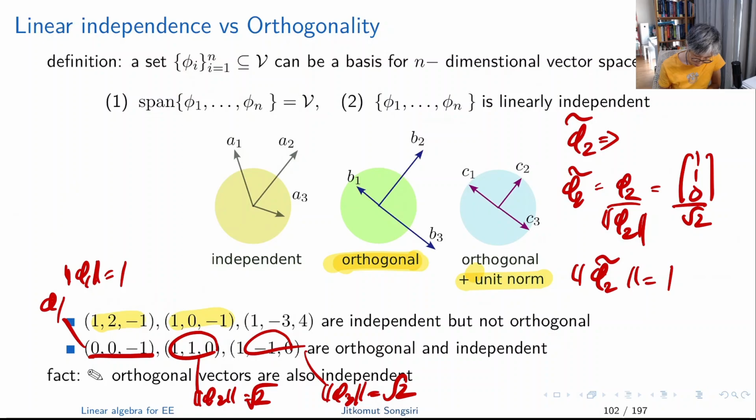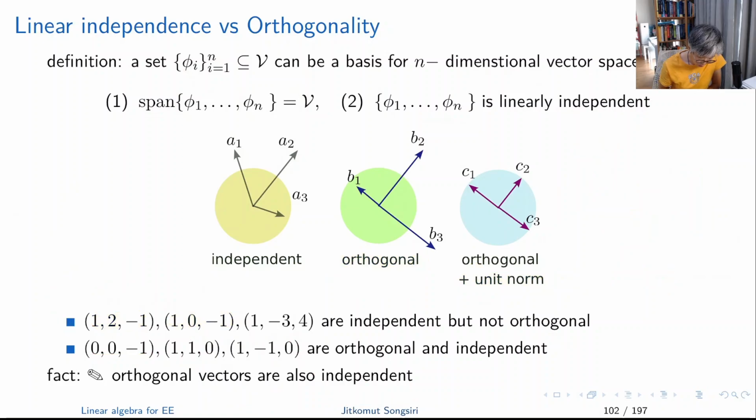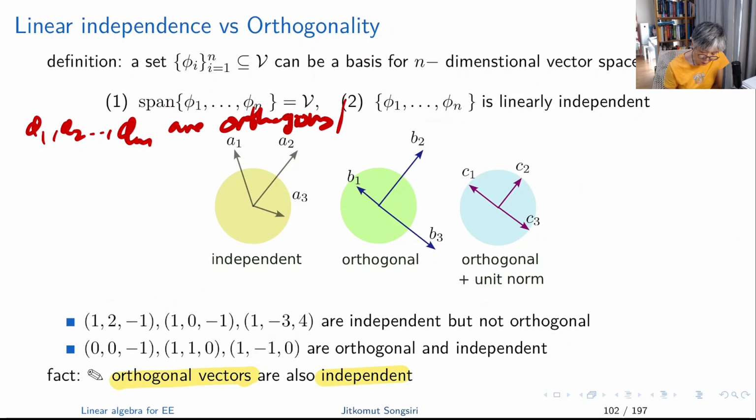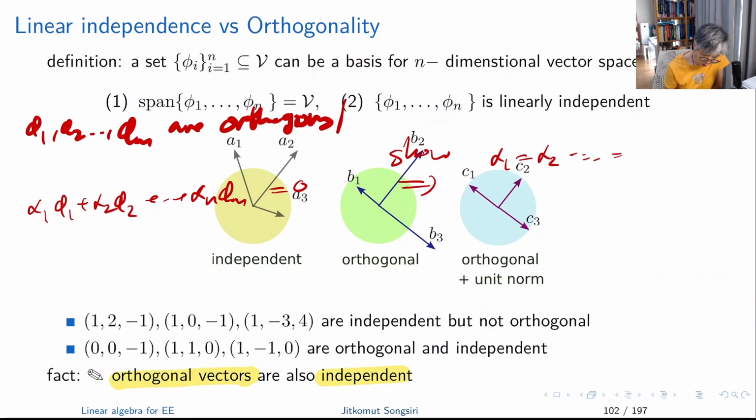We have this important fact that if you have a set of orthogonal vectors, those vectors are always independent. Why? Because if phi 1, phi 2, up to phi m are orthogonal, and we want to check whether they are independent or not, you start with alpha 1 phi 1 plus alpha 2 phi 2 plus dot dot dot alpha m phi m equals 0, and you want to show that alpha 1 equals alpha 2 equals dot dot dot equals alpha m equals 0.